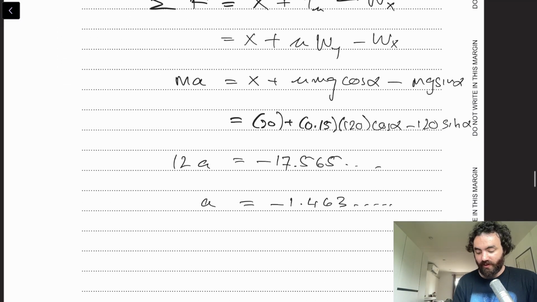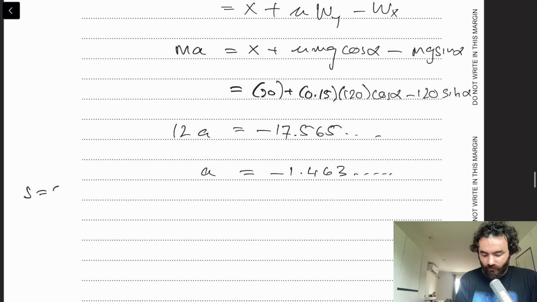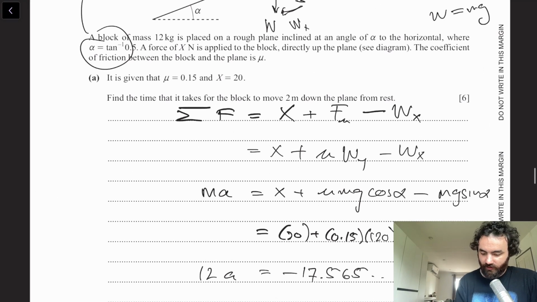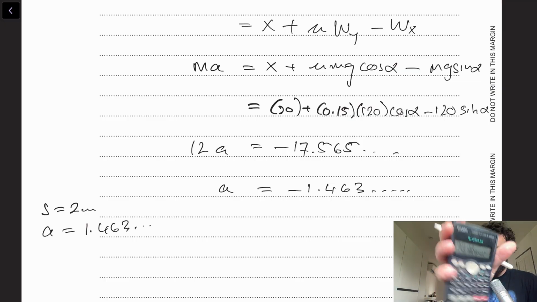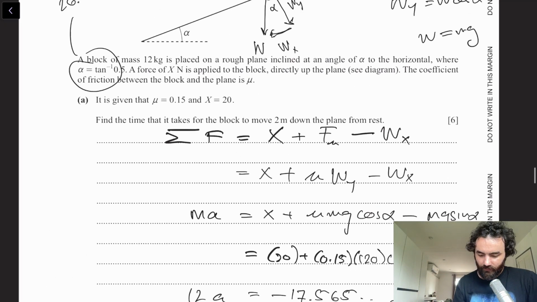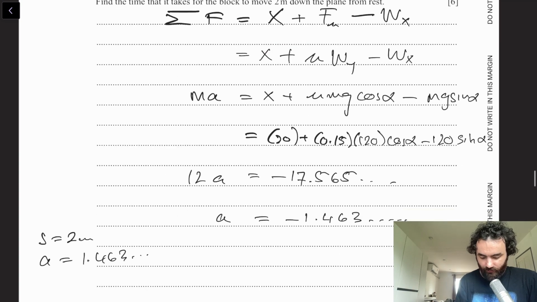Okay, so now that we have the acceleration, we can find this thing. So it's moved a distance of 2 meters. Our displacement, it's accelerating. We're going to use that positive direction as down at 1.463. I'm going to keep this number here on my thing. And we have its initial velocity, which is u equals 0.